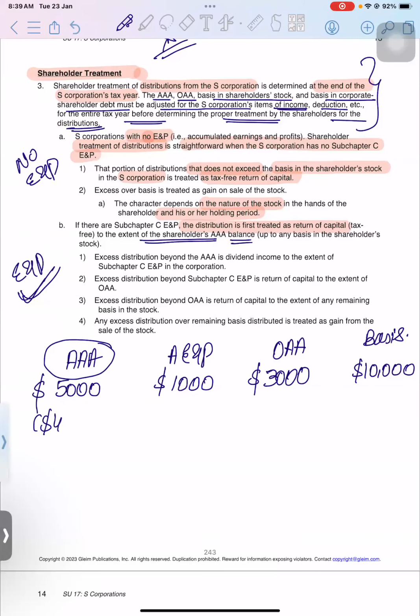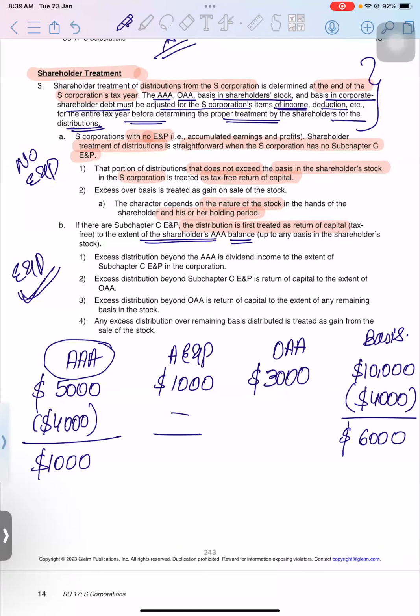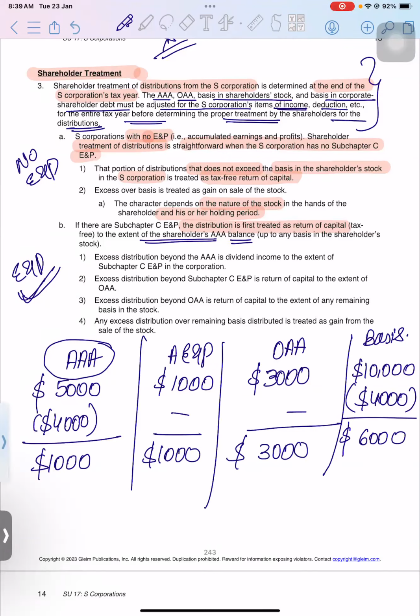So 4,000 will be reduced here and 4,000 will be reduced here also. So your AAA balance will become 1,000, and your shareholder's basis will reduce to 6,000. The rest will remain as it is. We'll take 3-4 scenarios to make it simple. Clear, guys? I hope this much is clear. Now, in the first scenario, we have taken a simple distribution of 4,000 that was within AAA.